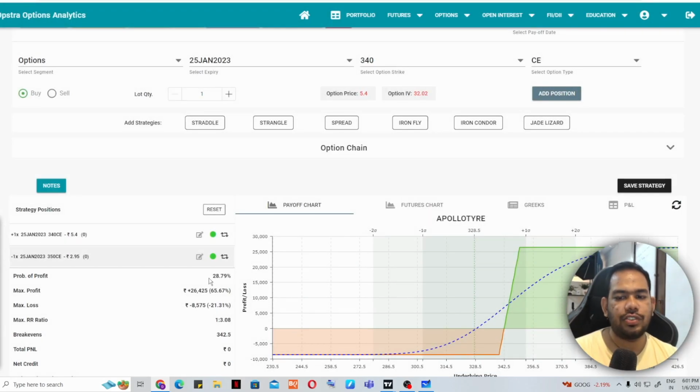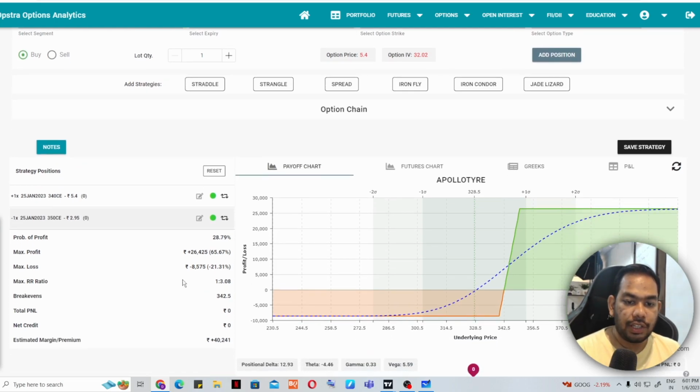So here, as you can see, your RR will increase. Here we are now seeing 1:3. One time risk, 3 times reward, but we can also see the probability going down to 28%, 29%. So our probability of winning went down by 11% statistically.